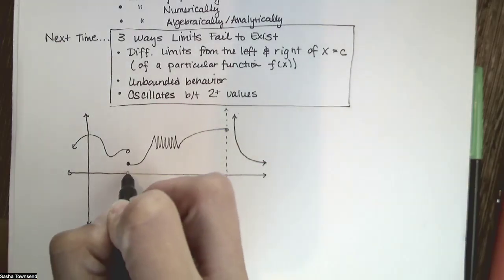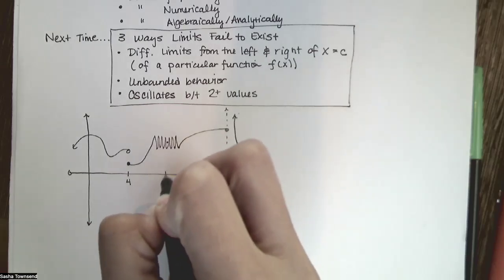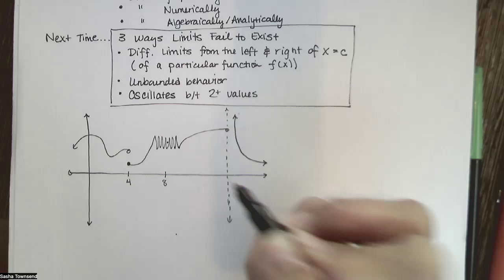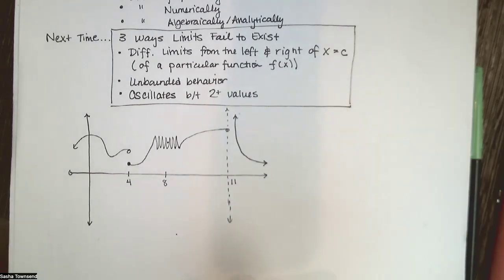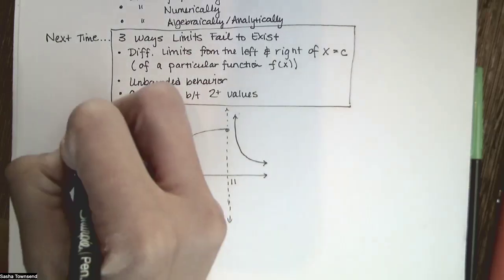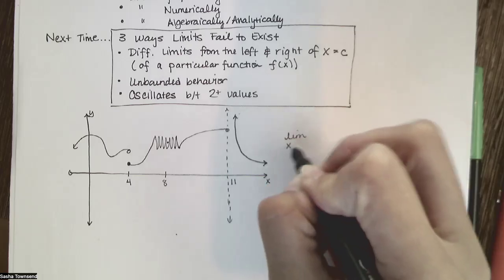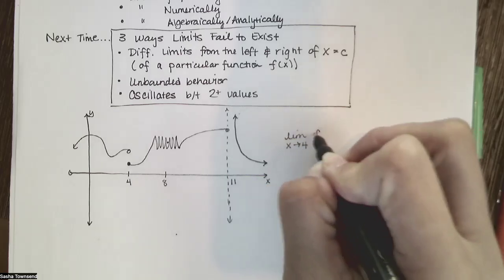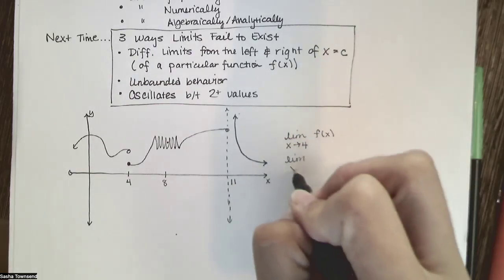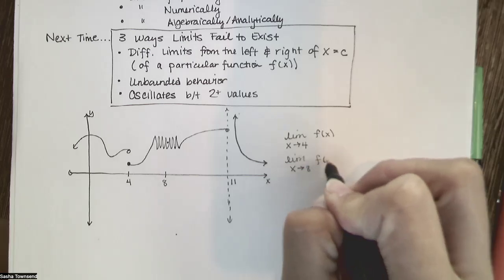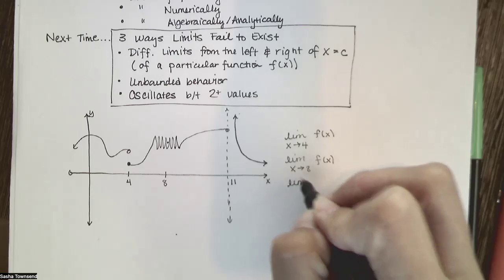And let's say that this is x equals 4, and this is x equals, I don't know, 8, and this is x equals 11. Okay, and let's say that we are asked to compute the limit as x approaches 4 of f of x, or this is a graph of f of x, the limit as x approaches 8 of f of x, and the limit as x approaches 11 of f of x.